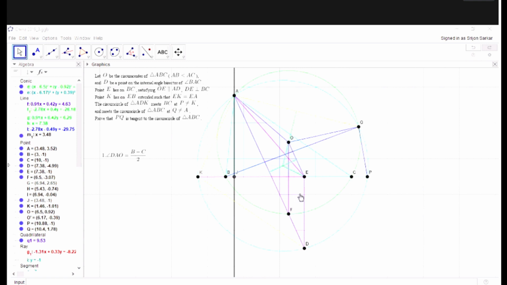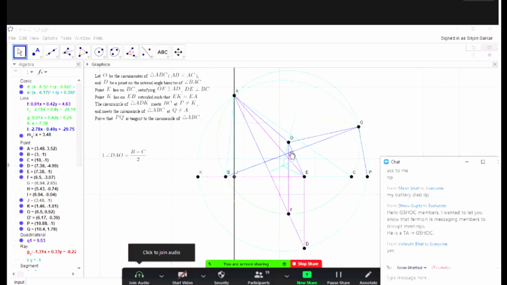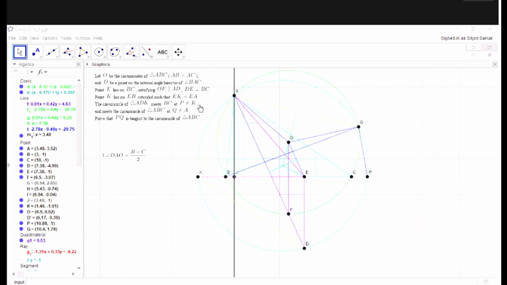And as both of these are perpendicular to the same line, we get OF parallel to ED. It's clear, right? So then we get this angle equals this angle, AFO equal to ADE. And so DAO equals ADE. Is it clear?